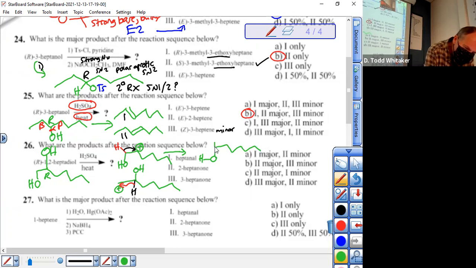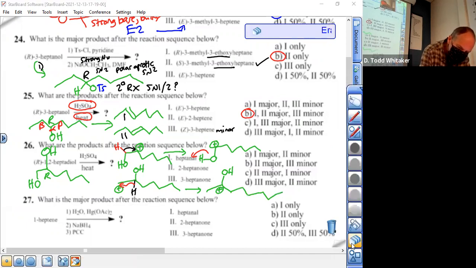And you're going to get that, which becomes heptanal after you take the H off. This one's going to go to this one. Need the cation where the O is. That's why we did the rearrangement. 2, 4, 6, 8. Sorry, too many carbons. And it's going to make 2-heptanone.